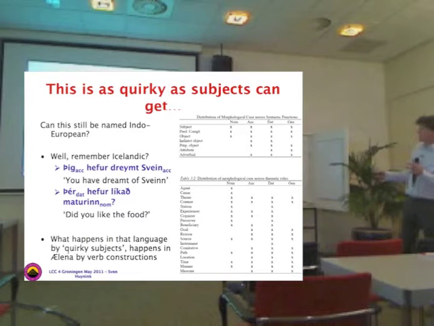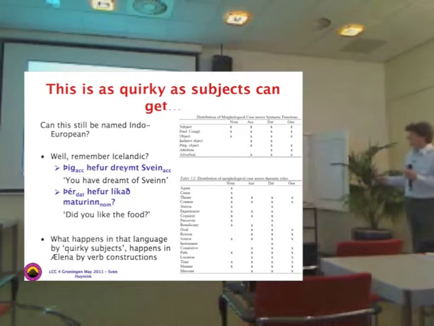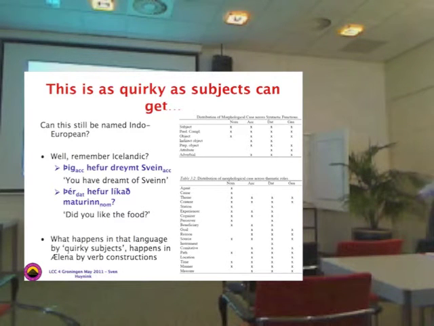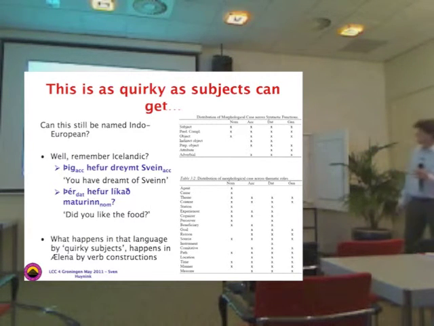Icelandic has, you have drunk, and that again is not my line, so it's very accidental. Here it's accidental with an adjective because you are not actively doing anything. And did you like the food? Again, that is dative. Miriam Butt has made a very nice list, which isn't very clear cut.